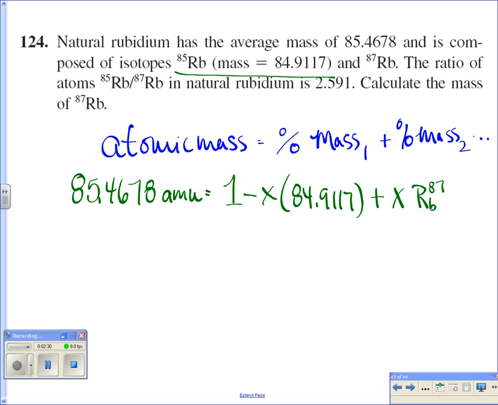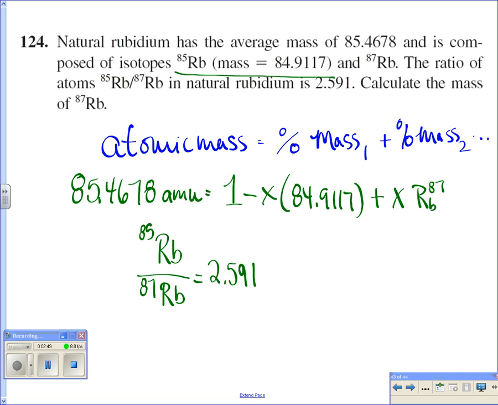But what's nice is look what they did. They told me that rubidium-85 to rubidium-87 has a ratio of 2.591.